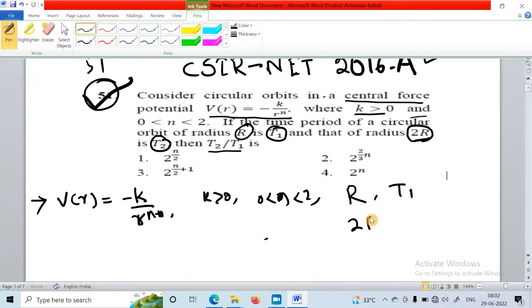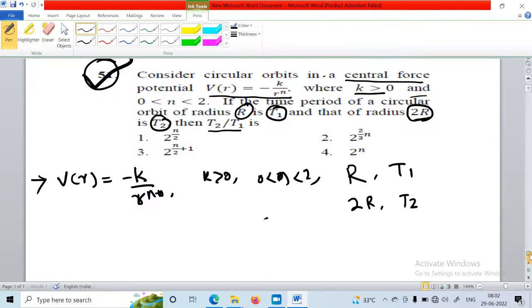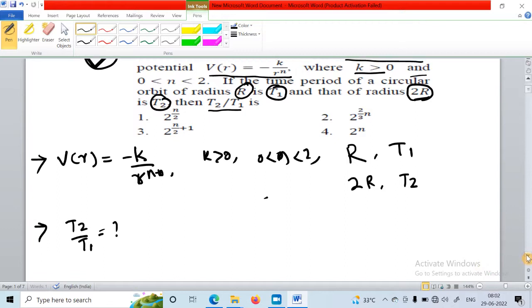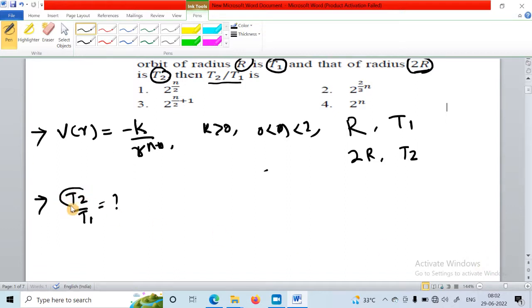When the radius is 2r, the time period is T2. Our aim is to find the T2 by T1 ratio. That means we have to find T2 and T1 and then divide.